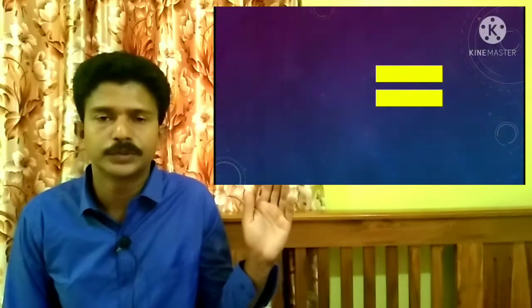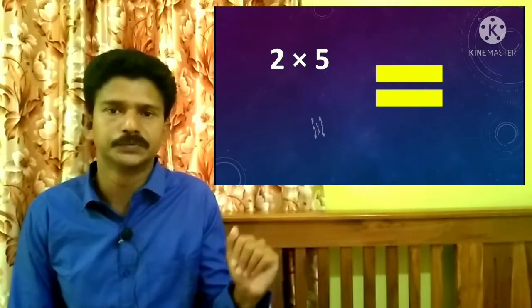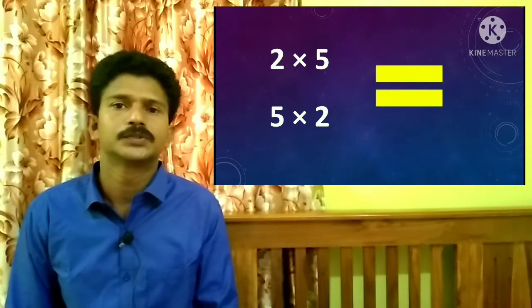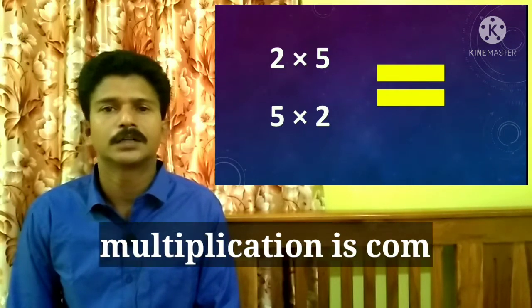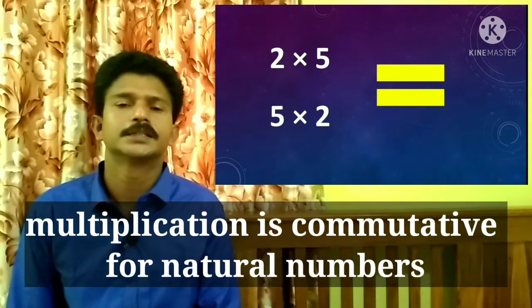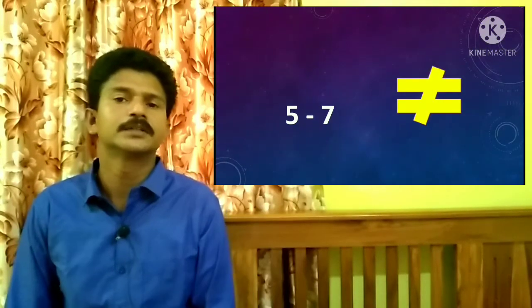Let us check it for multiplication. You can see here that 2 into 5 is the same as 5 into 2. So we can say that natural numbers are commutative under multiplication. What about subtraction? Is 7 minus 5 equal to 5 minus 7?